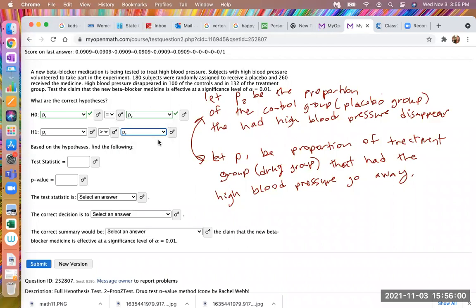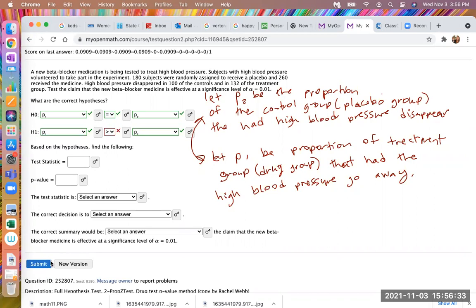Now, if I did it that way, then to make my null hypothesis right, I would want the alligator's mouth pointing toward the P1 because P1 in my mind is the treatment group, and I would want this to be the equals group. So technically, I feel like they should accept this as well, but let's see. So they do not like that.